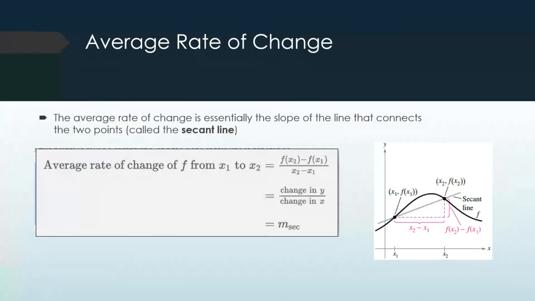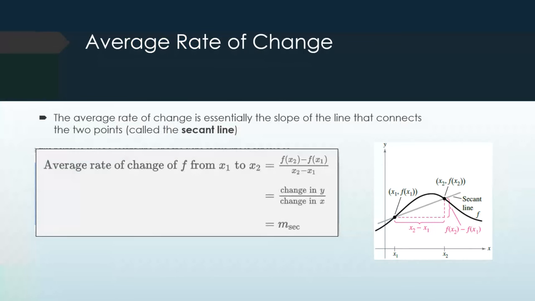Okay. Next is average rate of change. We're almost at the end of all of these definitions. The average rate of change is basically you're finding the slope between 2 points. You draw a line between 2 points, and then you find the slope of that line, and that is called the average rate of change.